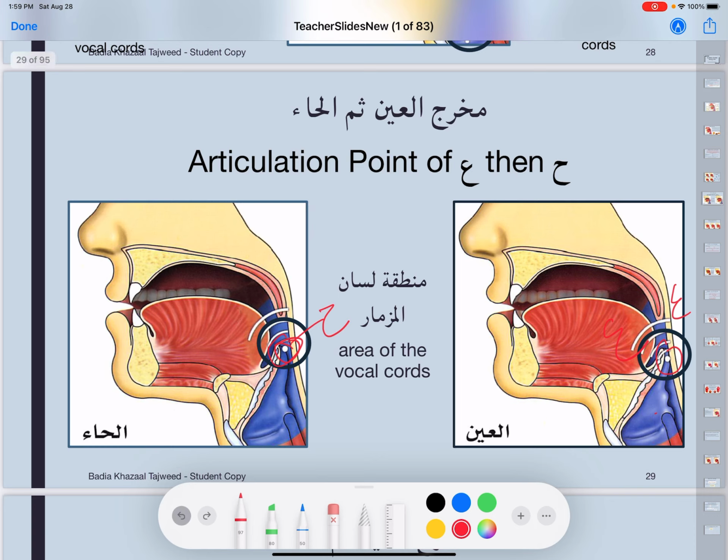Again, the difference is, with the ayn you have to squeeze it back a little bit more. With the ha, you need to leave a little bit more spacing for the airflow to go through. So you don't push this as much as the ayn; you don't pull the epiglottis back as much. Ha, it's a weak letter. The ayn is a strong, loud letter. This is a weak letter.